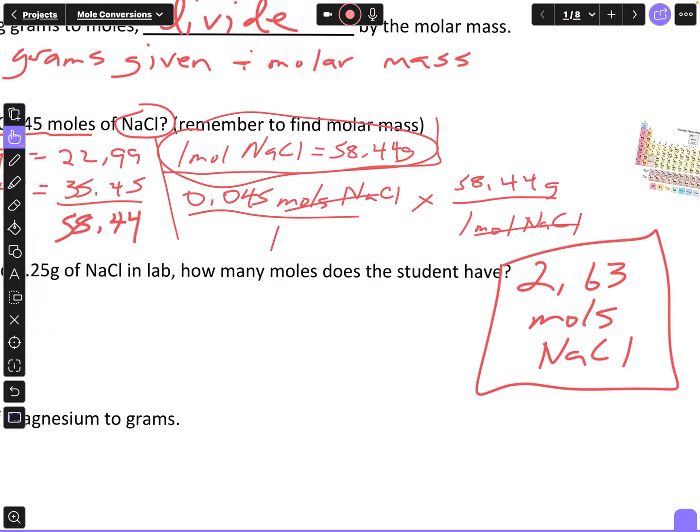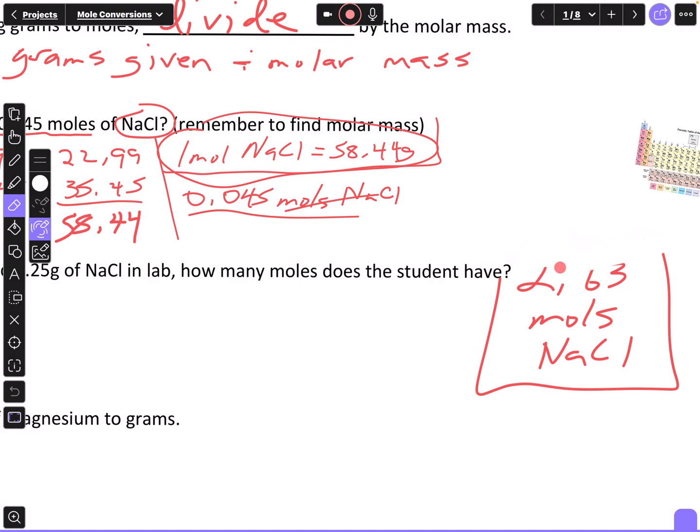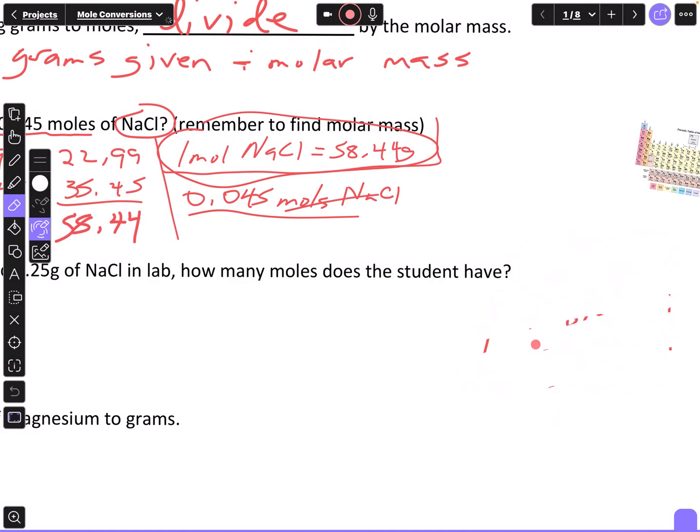Now, a lot of you don't want to go through that, and I don't blame you. You might want to do this a simpler way, where you simply remember that if I'm going from moles to grams, I simply multiply by my molar mass.